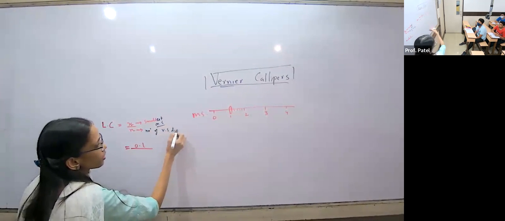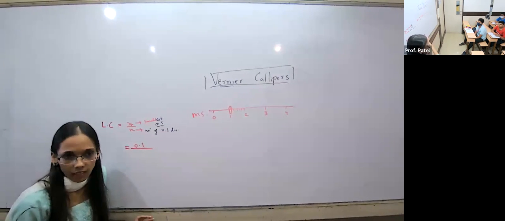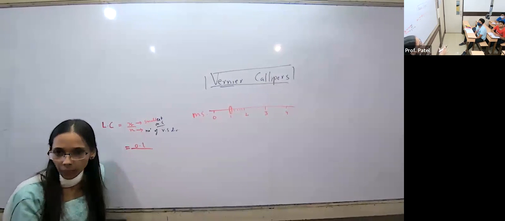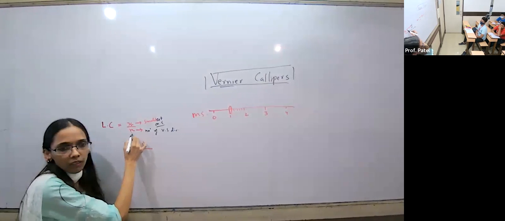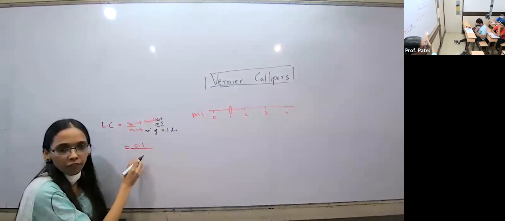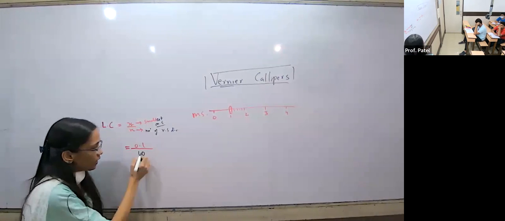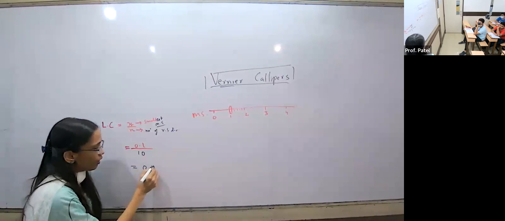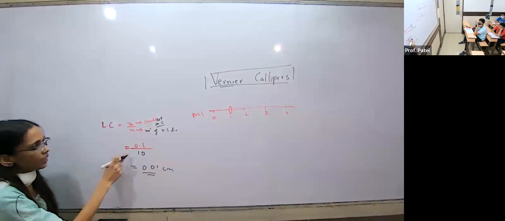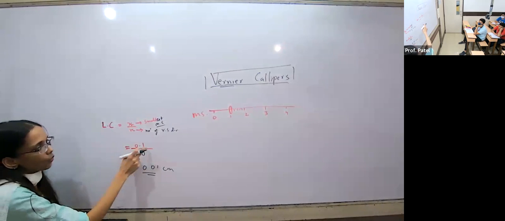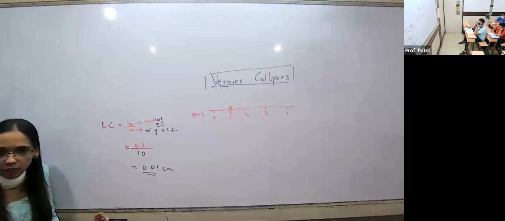And I told you the vernier caliper has how many divisions? 10. It might happen that they divide that into 50. Then in that case, your formula would become 0.1 by 50. In my case, how many were there? 10. So what is the answer? 0.01 centimeter. Right? LC is x by n, and my x was 0.1. My n was 10. That is how I got 0.01. Is this clear to everyone?